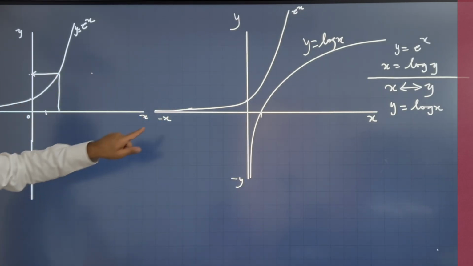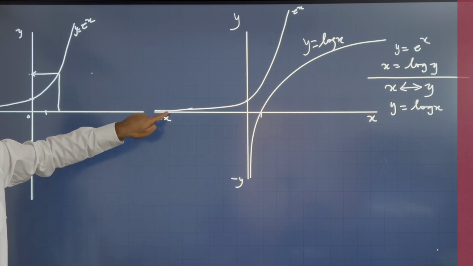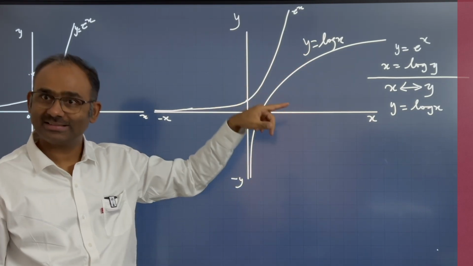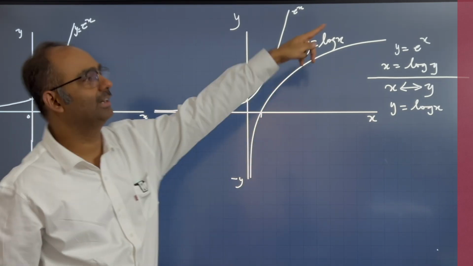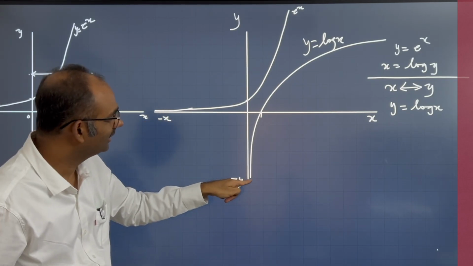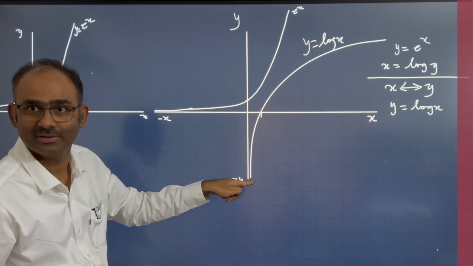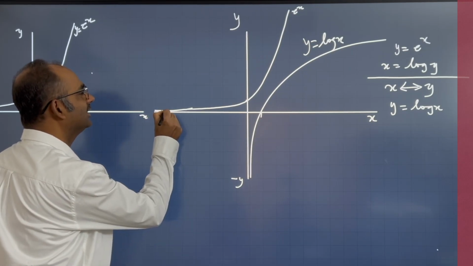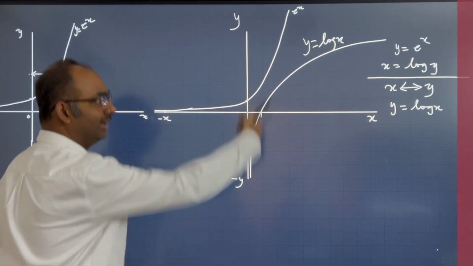Fine? For whatever value of x here, e to the x is this much. And since it's exactly the same plot, remember I was drawing it that way, for that exact value of y, that's the value of this function.